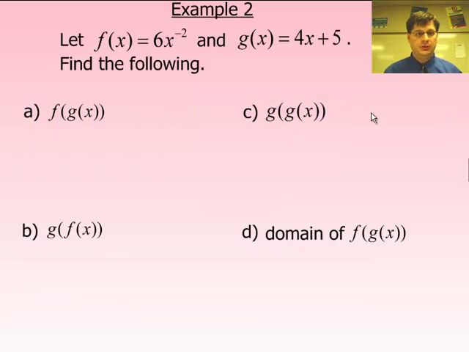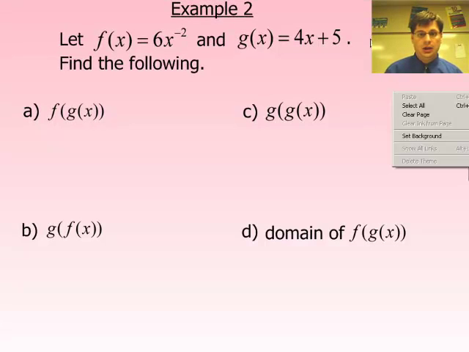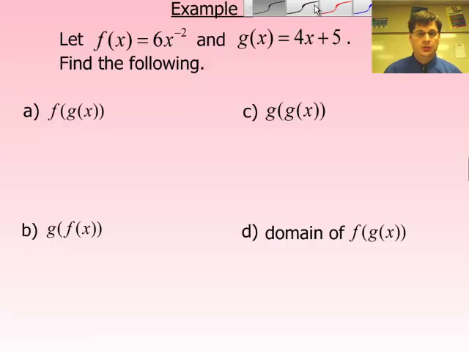So we have two functions defined here, f of x being 6x to the negative 2 and g of x, which is 4x plus 5. When I work this one out, I'm going to be looking at how it's set up. So here I have g of x nested in f of x. So g of x is what we would substitute into the x value of f of x.